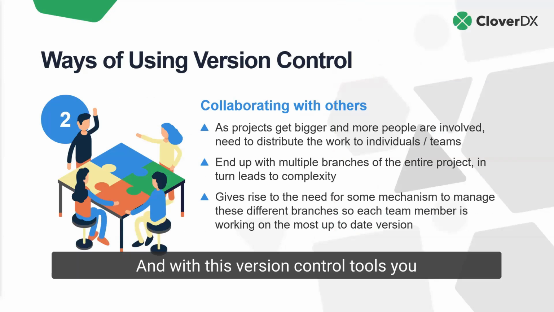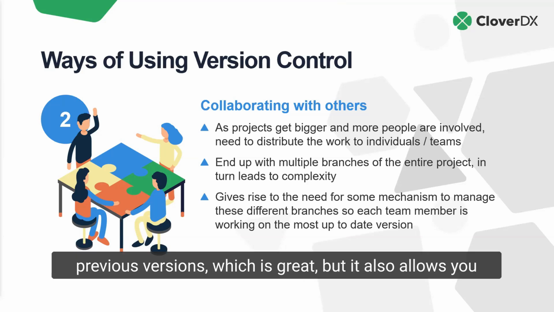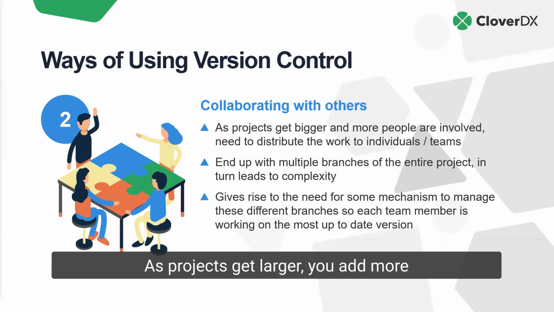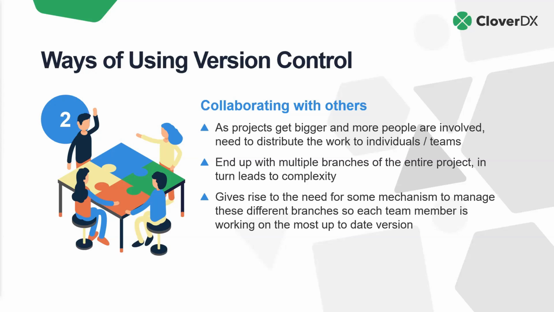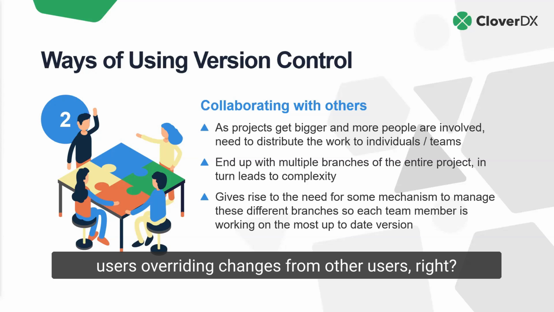And with these version control tools, you would get a couple of advantages, right? And the biggest one is probably going to be collaborating with others. So you have the ability to go back to any previous versions, which is great, but it also allows you to ensure effective collaboration on a single project. As projects get larger, you add more and more individuals and teams to it. You could run into the risk of users overwriting changes from other users, right?